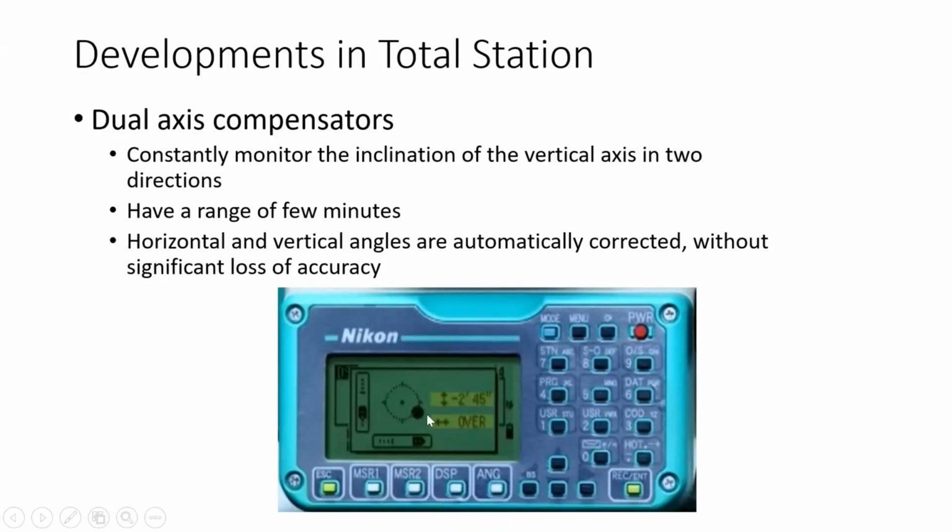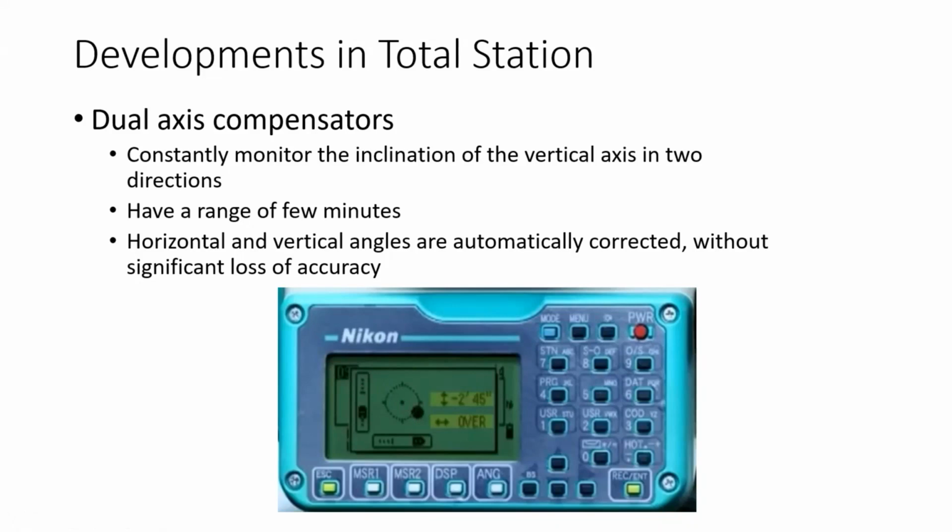Here you see in the figure this black dot. If it is exactly the center, the instrument is centered properly, leveled properly. So we can see digitally whether the instrument is exactly leveled or not.